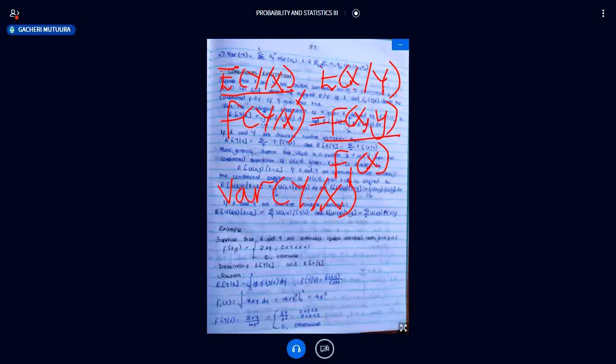Then from there, it's just as easy: the expected value of y given x is the integral of y times the conditional distribution of y given x, dy. The expected value of x given y is the integral of x times the conditional distribution of x given y. As simple as that.